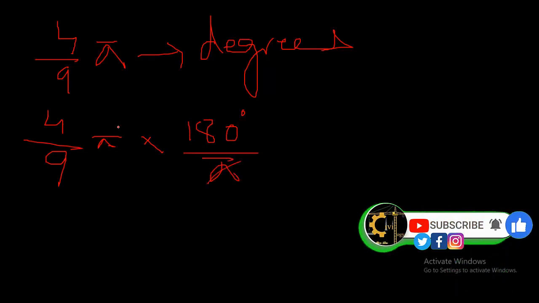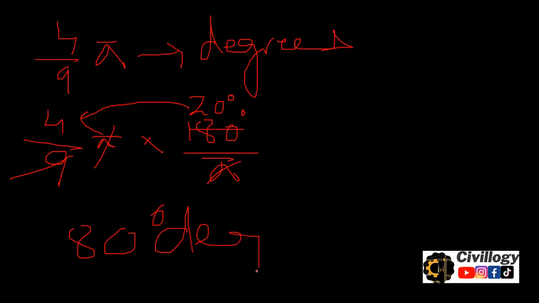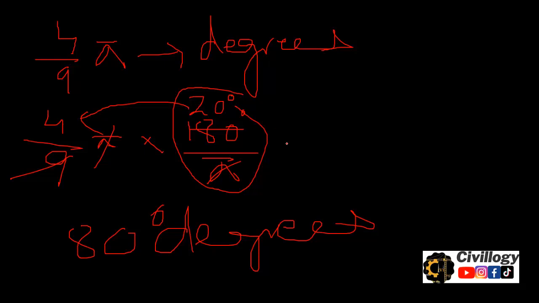This pi will cancel out this pi, and we get 9 into 20 degrees. Now multiply 20 by 4, and we get 80 degrees. That's how you can convert degrees into radians and radians into degrees. This is the main formula. I will conclude the whole summary at the end of this lecture.